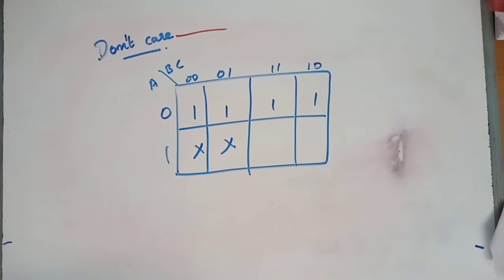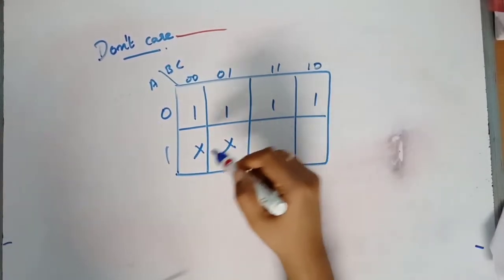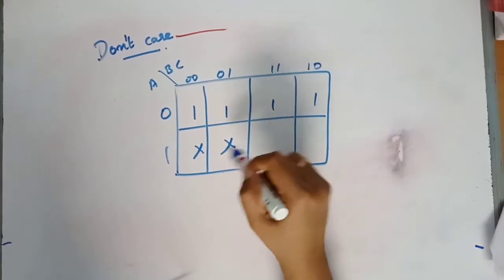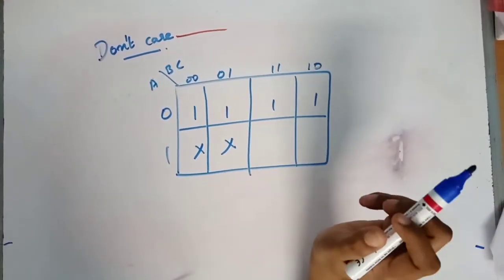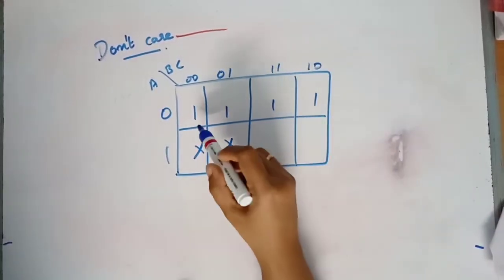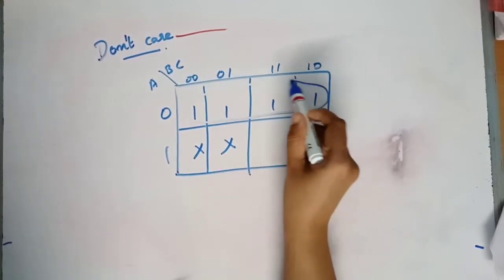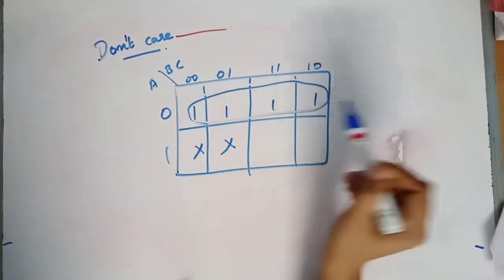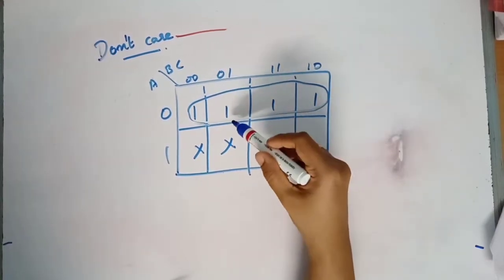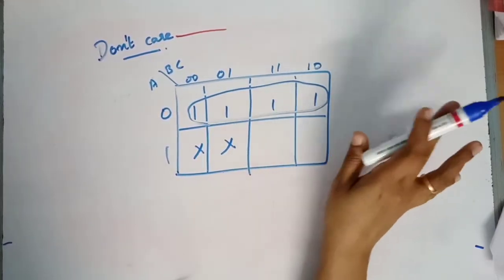Okay, function of ABC equal to sigma m 0 1 2 3 plus D 4 5. Then what you'll do, these four ones you can group it like this. These four ones are grouped together.